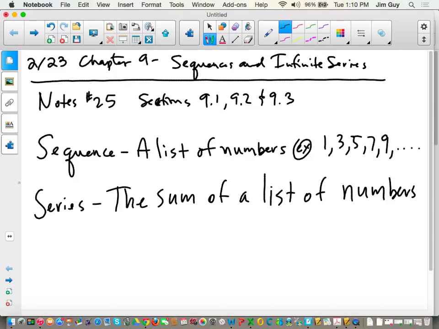If it was an infinite sequence, it would go on forever and ever. If it was finite, it would stop. Whereas a series, you would add the terms together. Okay, that's the difference. Please know that. If you can learn that, that's a good start. What's the difference between a sequence and a series?